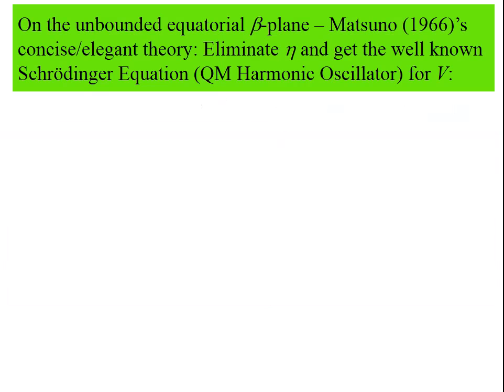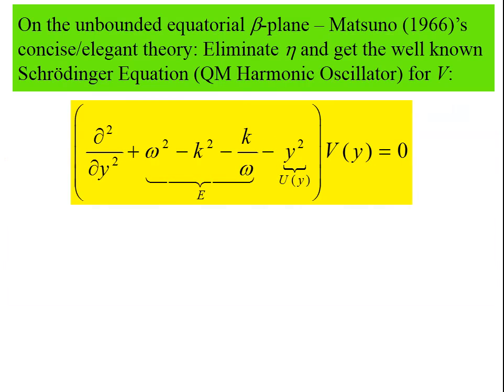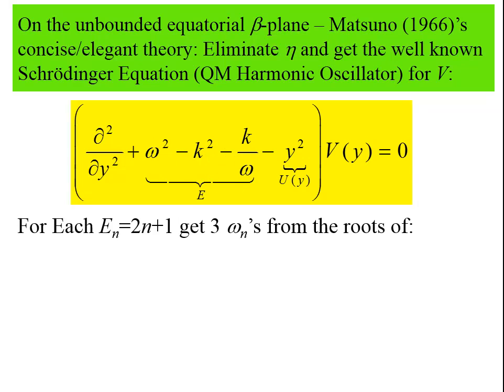So if you go back to the equatorial beta plane in Matsuno's seminal theory, if you eliminate eta, then you get a very simple, well-known equation from quantum mechanics, the harmonic oscillator, in which you have an energy made up of various constants of the model, and you have a potential which is proportional to f squared. f is beta y. Under a certain scaling, this is what you get.